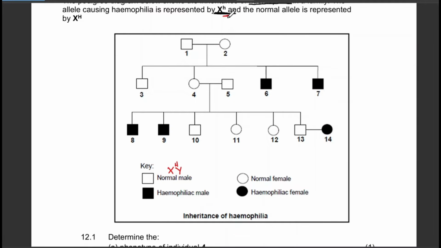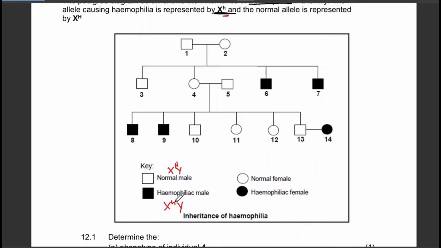So for a male that has hemophilia, the X notation will be the small letter. That means we already have the genotype for a normal male and the genotype for a hemophilic male, because the hemophilic male's X chromosome will be carrying the small letter h notation. Clear, right? So you write this down. Then a normal female.